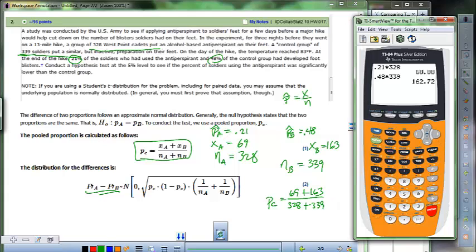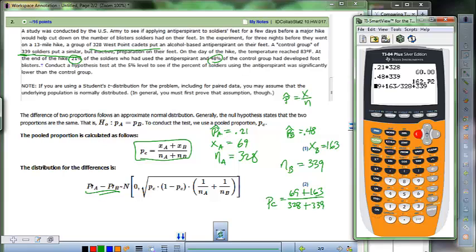Now when you do this in your calculator, you have to be careful, because if you just type in 69 plus 163 and then divide by 328 plus 339, this is going to give you an incorrect answer, because the calculator is going to follow the order of operations and do this division first before doing any addition. So one way to do it is to do this in two different steps. Add the numerator and divide by the denominator, add the denominator and then divide.